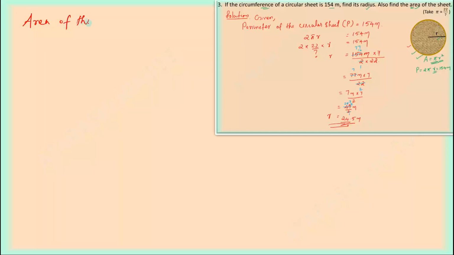Area of the circular sheet equal to pi r square, that is pi into r into r, where pi is 22 by 7. Here we got r as 24.5, or you can write 49 by 2 also.